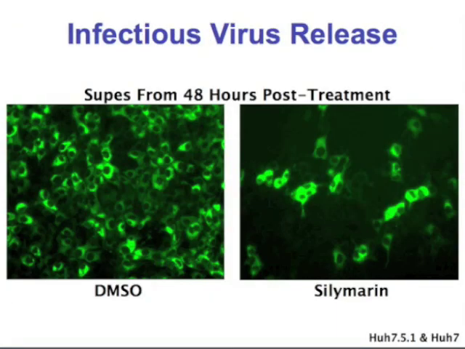You can take supernatants that contain virus from silymarin-treated and control-treated cells, put them on naive cells, and measure how much virus is there. When you take supernatants from solvent-treated cells and transfer them to naive cells, you get a measure of how much virus is in the supernatant. And when you take supernatants from silymarin-treated cells, there's far less virus release. So viral protein, RNA, and assembly and release are inhibited by silymarin.